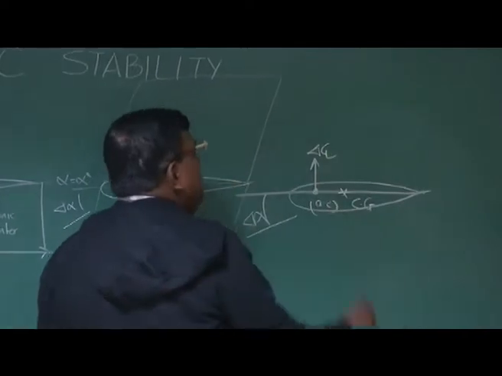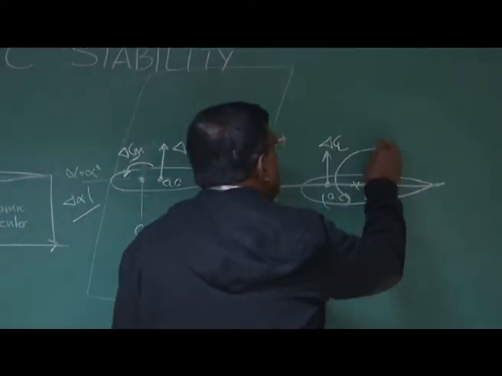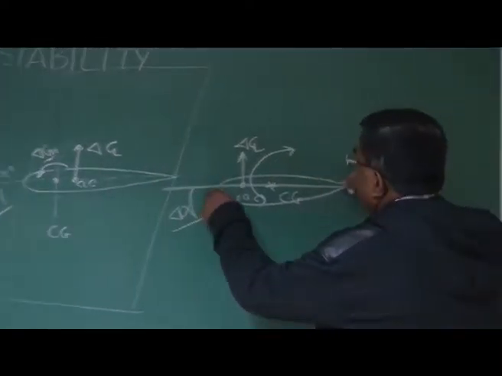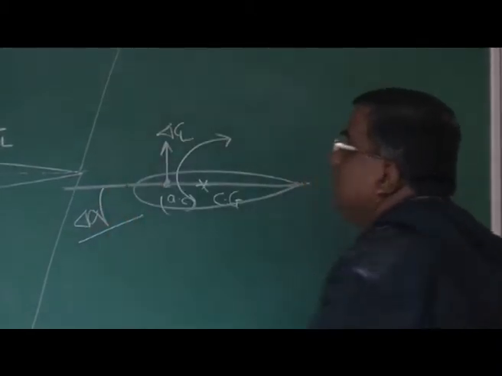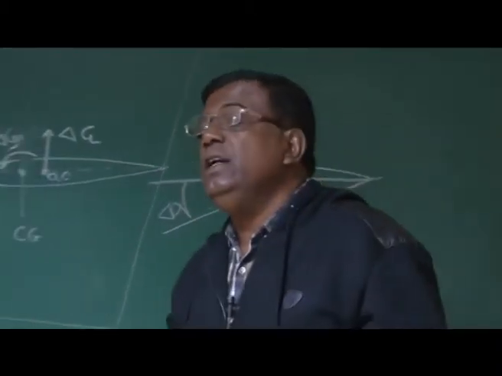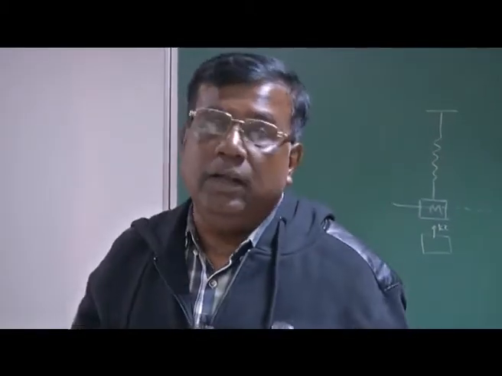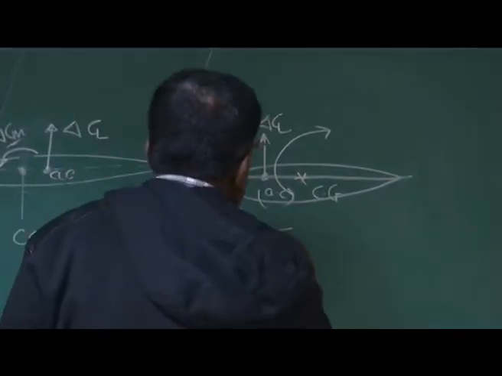Let's say in non-dimensional form I call it delta CL. This will give a nose up moment, right? So this will actually take the wing nose up. So further this angle will increase. So such a configuration doesn't have any initial tendency to come back to the equilibrium. So we said this is statically unstable.